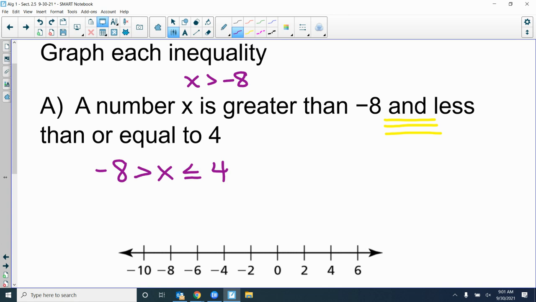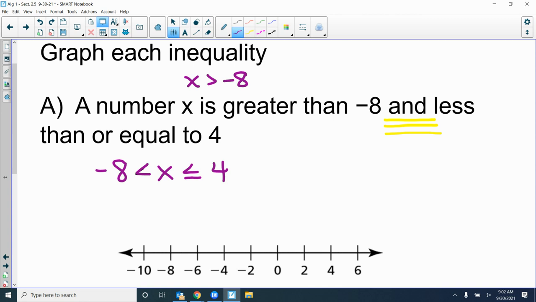When we're writing it with two things, both of them will always point the same direction. So x is greater than -8 means -8 is smaller than x. They have to be both going that direction. So that will work right there. You just got to make sure they're not pointing towards each other or in opposite directions.